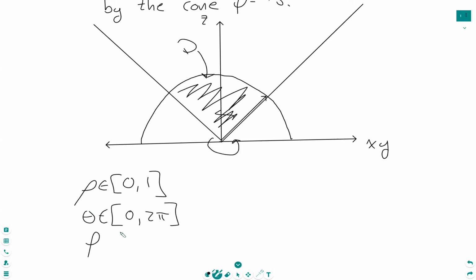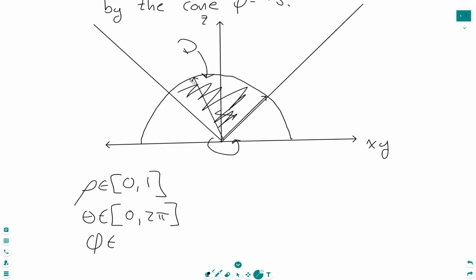And that leaves us with phi. So phi goes from the z-axis all the way down to the cone. And we don't have to worry about this segment over here because that's going to be drawn when we rotate this segment here all the way around in theta. So there's actually 2 ways we could have done this.